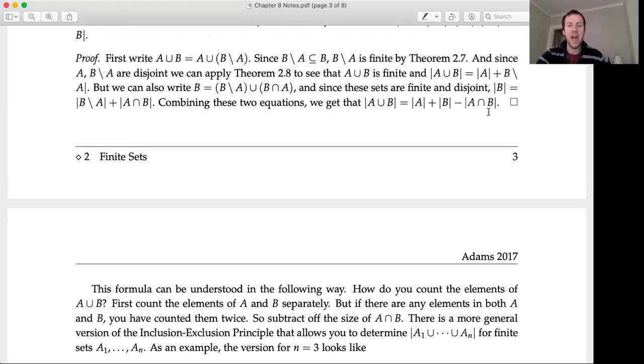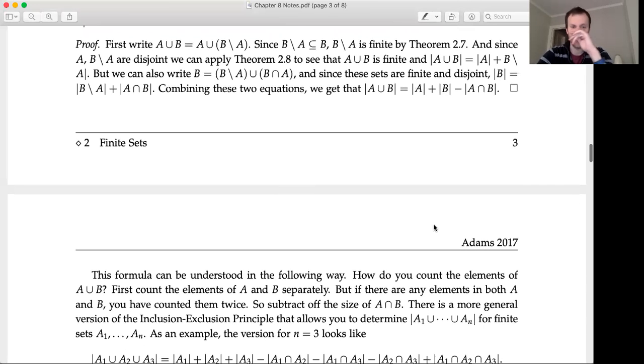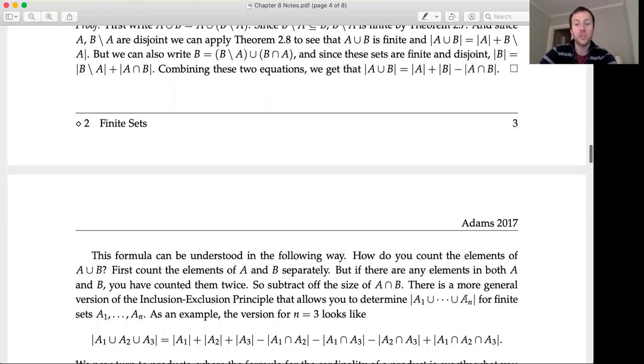And that version can help come up with bigger versions of what happens if you union a bunch of finite sets. What size do they have?